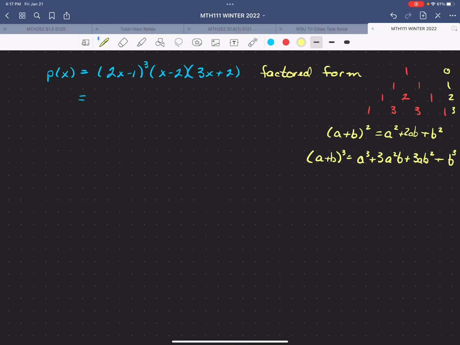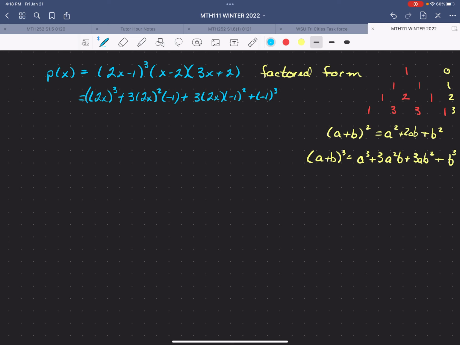So that means that I can expand this 2x minus 1 to the third power as 2x to the third power minus 3 times 2x squared times negative 1, plus 3 times 2x times negative 1 squared plus negative 1 to the third power.